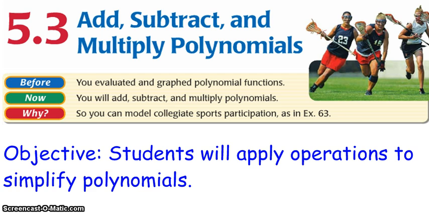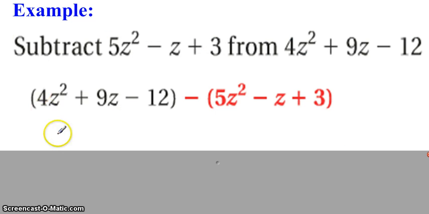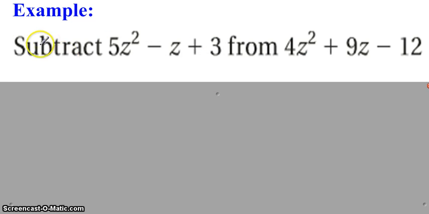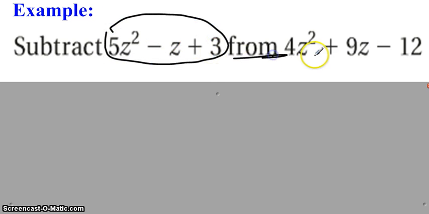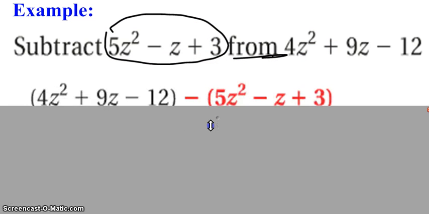Okay, so let's go ahead and get started. This says subtract 5z squared minus z plus 3 from 4z squared plus 9z minus 12. So you're subtracting this from this, so it looks like this below.